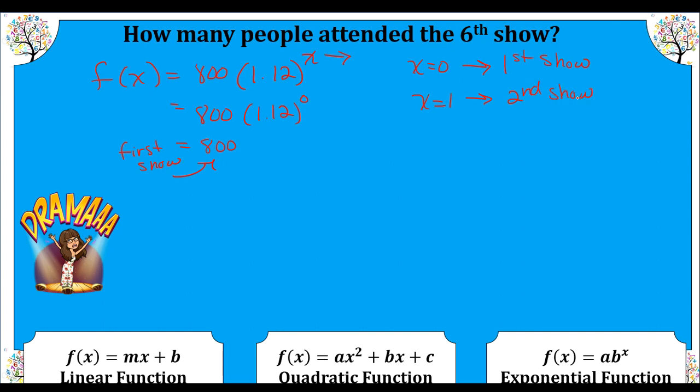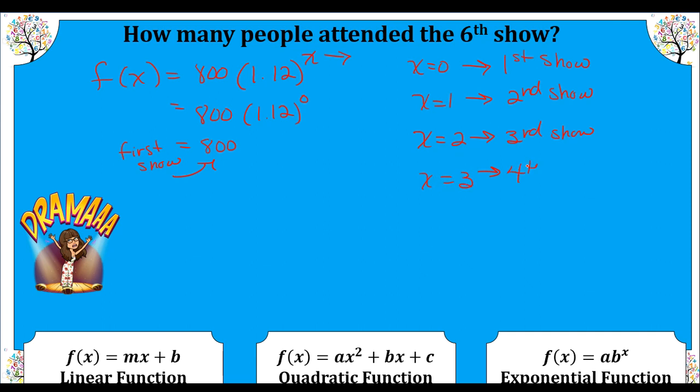This reminds me of geometric sequences, actually. Then when our X value is 2, this is not our second show, this is our third show, but it's the second one once the rate started growing. So we're going to get to when X is 3.